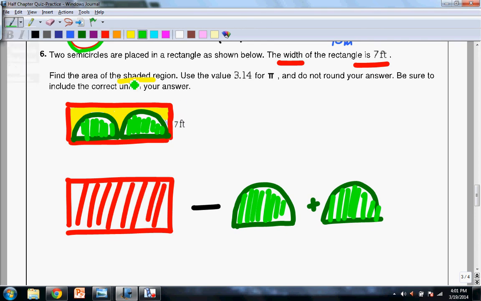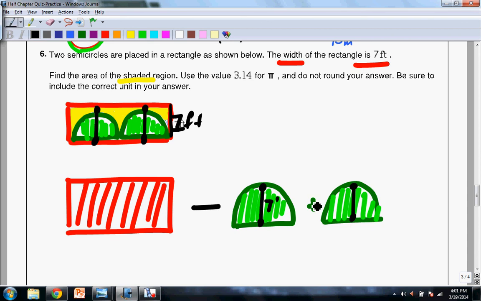The only dimension I'm given is that 7 there. So you have to ask yourself, what else do you know? Now, if these are perfect circles, I'd like you to trace the 7 right there. Do you see that 7 is the same? Which is also right here, which is also right there.